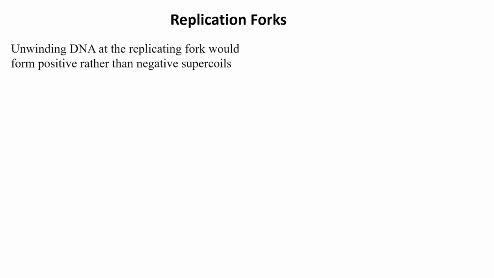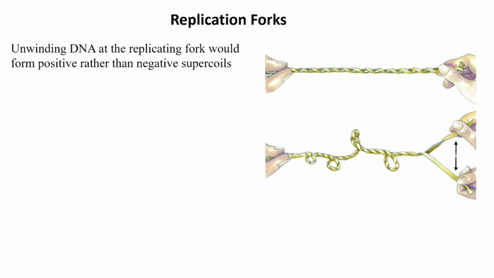Let us see what happens now at the replication fork. Unwinding DNA at the replication fork would form positive rather than negative supercoils if no other way for relaxing the strain existed.